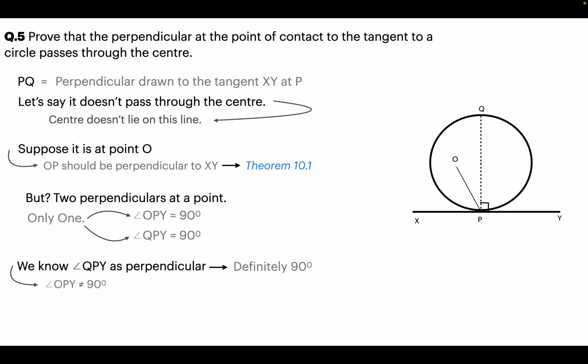So if it is not 90, then it is not drawn from the center. And if it's not drawn from the center, then point O is not the center as we had assumed.